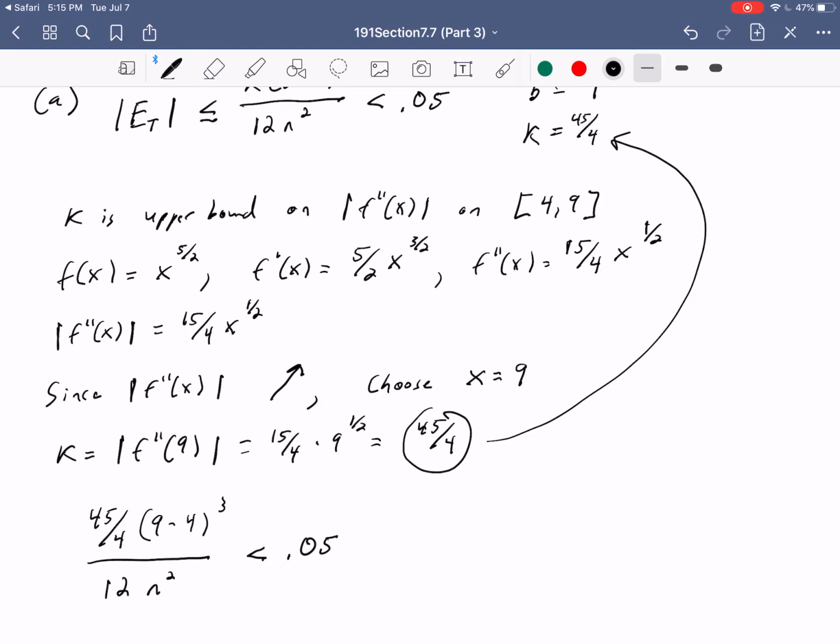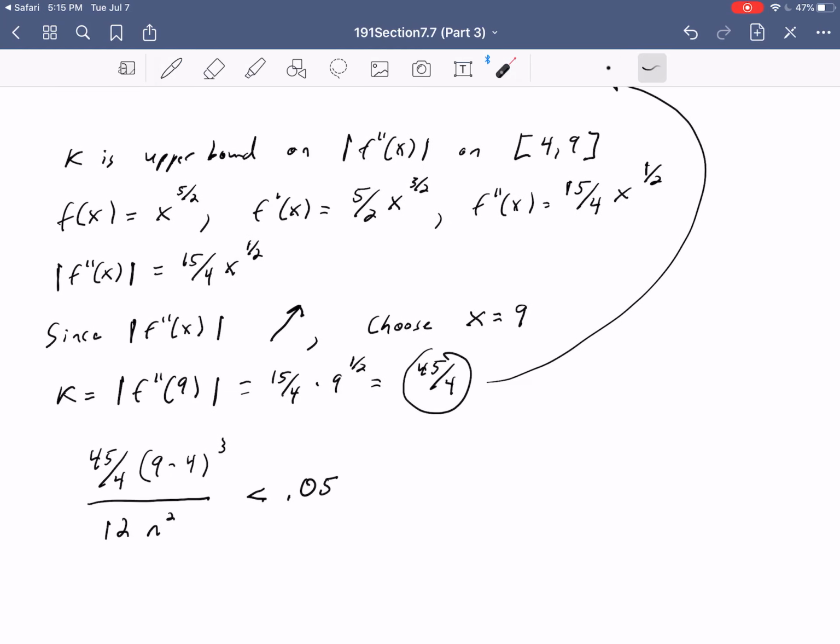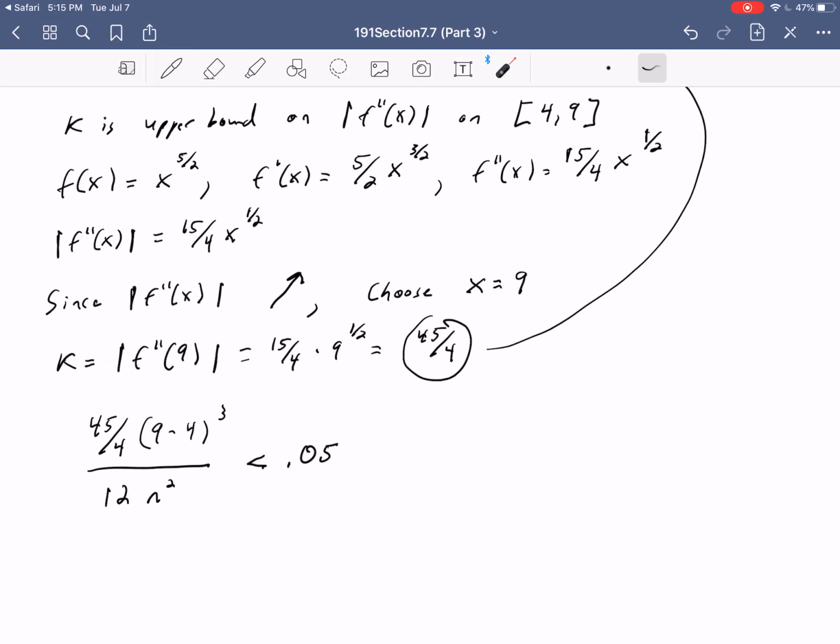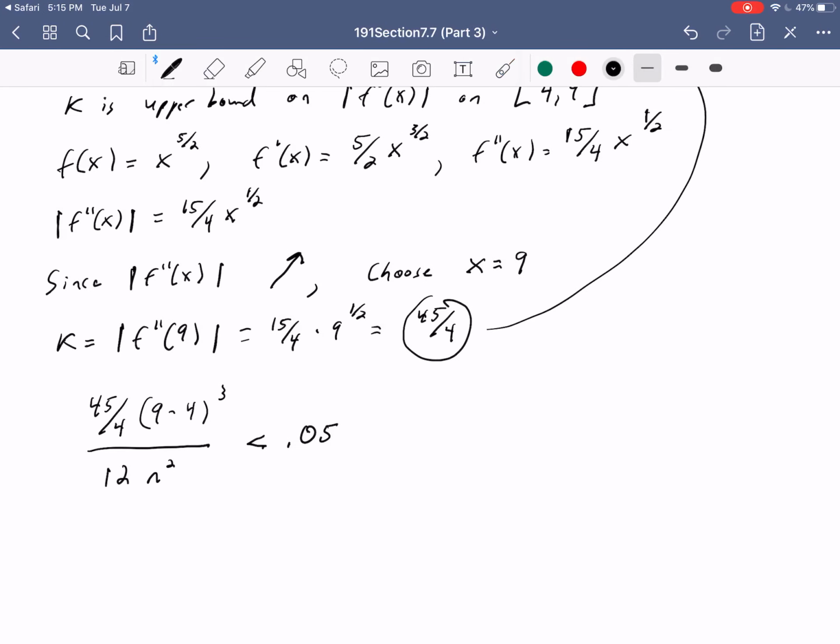That's supposed to be less than 0.05. Now at this point, you want to just go ahead and solve this. We could multiply the 12n squared over. So this would imply that we get 45 over 4 times 5 cubed is less than 12 times 0.05, which is 0.6n squared.